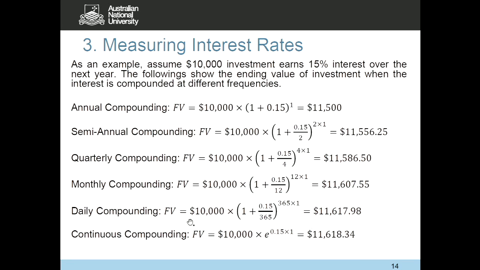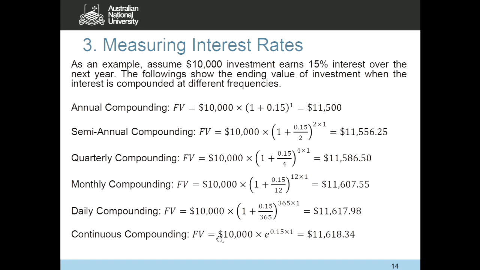Now, if you compare the daily compounding with continuous compounding, if you round up to the nearest whole number, you realize they are very similar, right? Because continuous compounding is very easy to work with. It's easier to work with in terms of discounting and bringing stuff forward. So we're going to use continuous compounding throughout this course, unless I tell you otherwise.